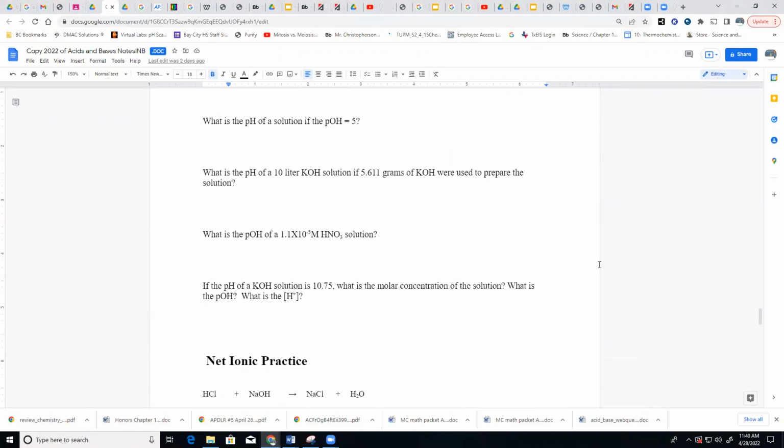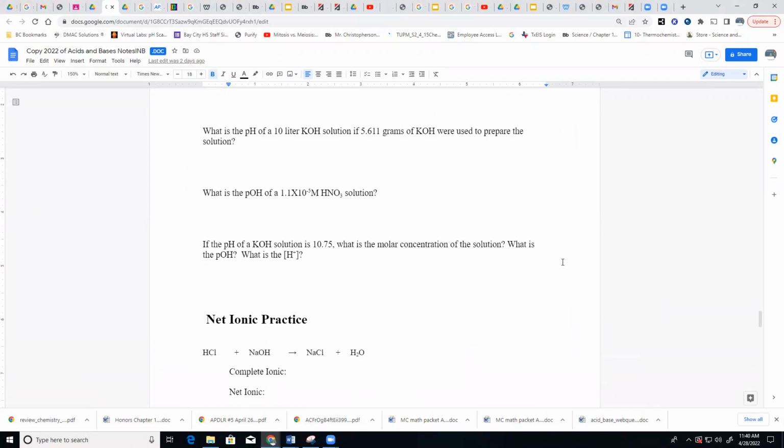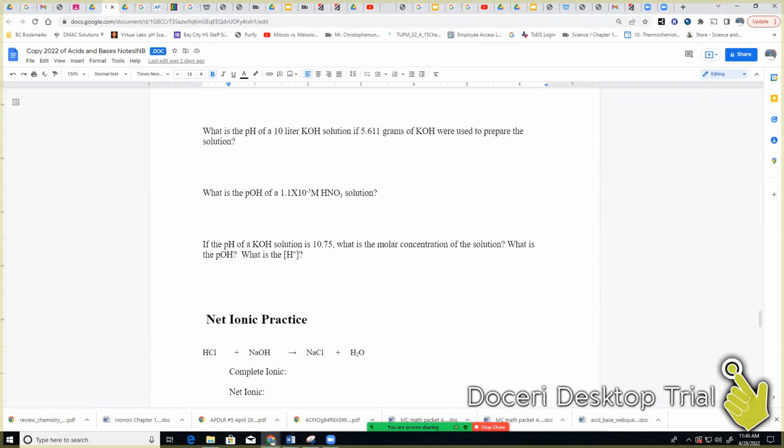All right, the next one kind of brings in some things that we've been using all year long. So we're looking at the pH of a potassium hydroxide solution. So this is a strong base. And when it ionizes, I just get 1 mole of hydroxide.